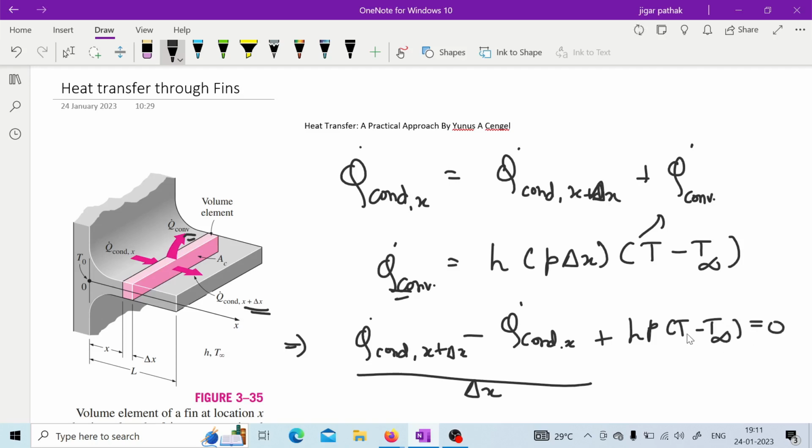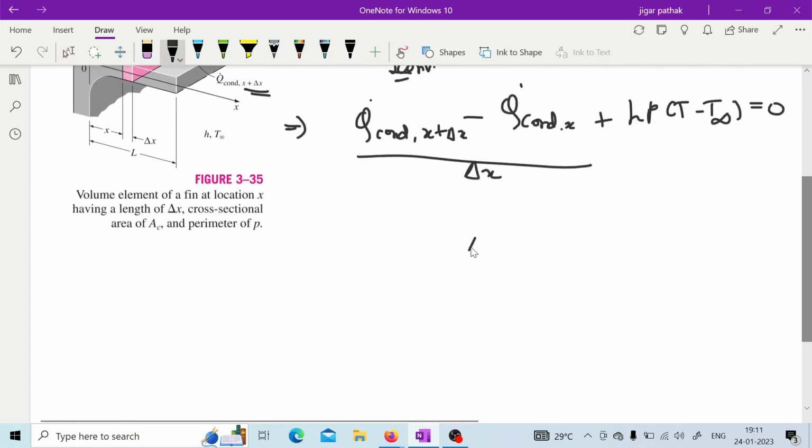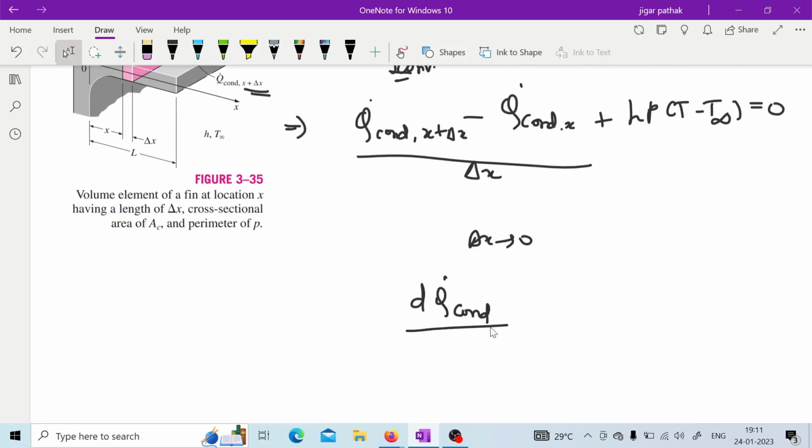Once you have this relation, you can consider that delta x tends to 0. In that case, you can rewrite the above equation as dQ conduction by dx plus hP(T minus T infinity) is equal to 0.